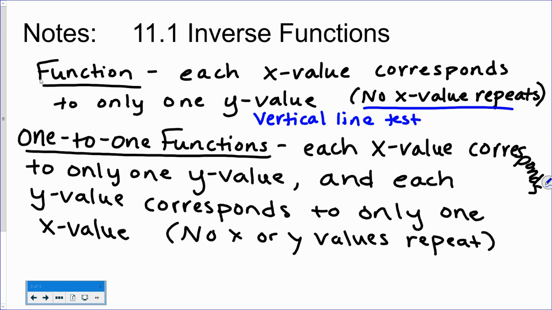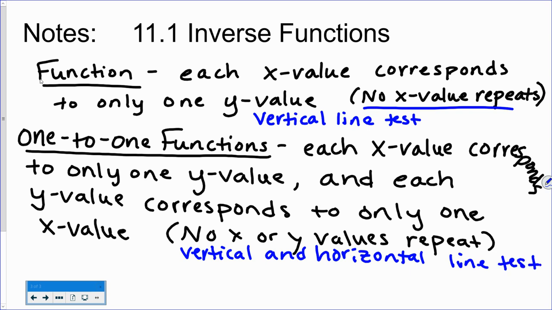A one-to-one function would use both the vertical and horizontal line test, because I can't have any x values repeat or y values repeat. So if I draw a horizontal line or a vertical line, it can't pass through more than one point to be a one-to-one function. So we'll look at a few examples and sketches of that. But there's your definitions to start.